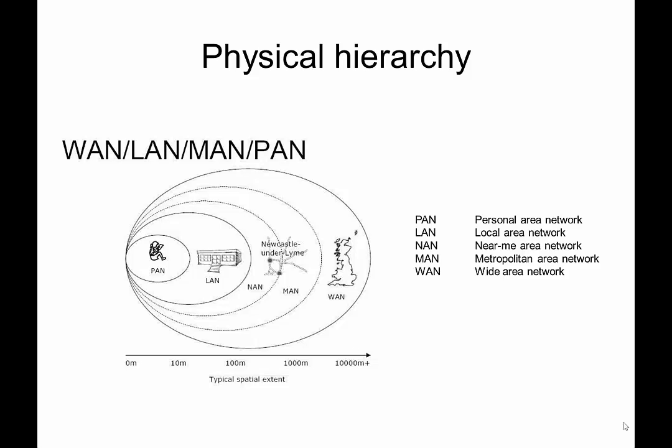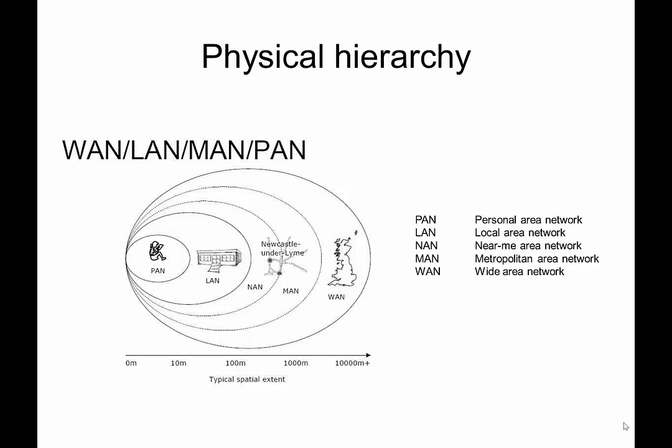But if we consider it in more detail, the internet is in fact a hierarchy of networks. It is a network in itself, but it's a network made up of networks at different levels.